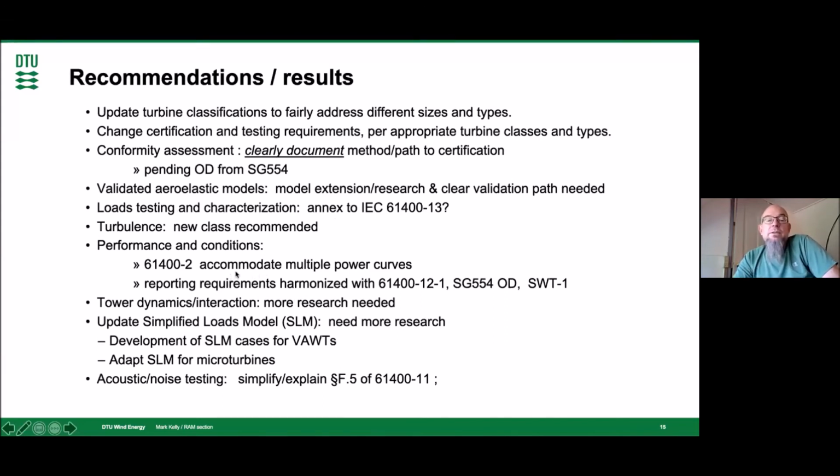The performance, basically updating the -2 to accommodate having more than one power curve for different conditions, different turbulence intensity ranges, for example, because different power curves are coming out, and it's better for the manufacturers to have trustable curves for the consumers.